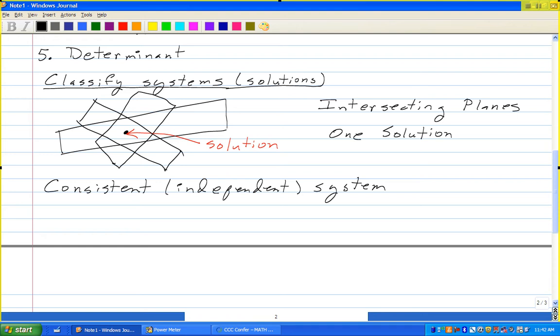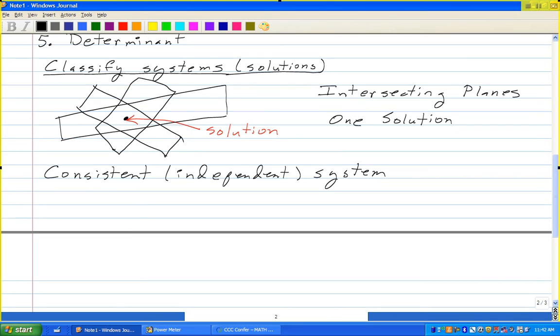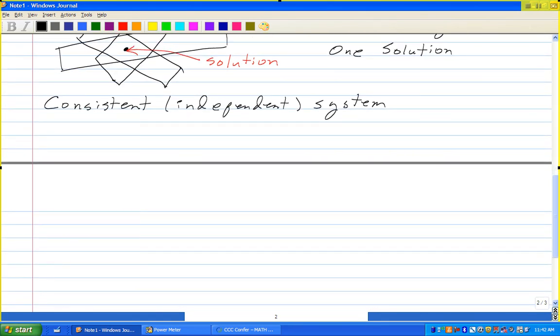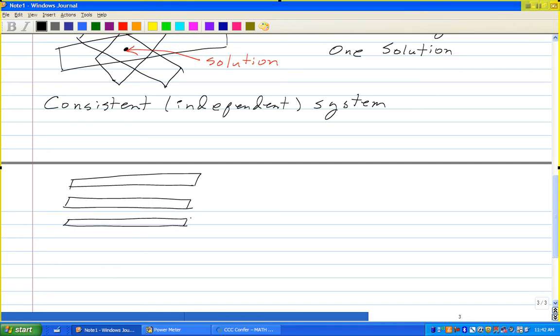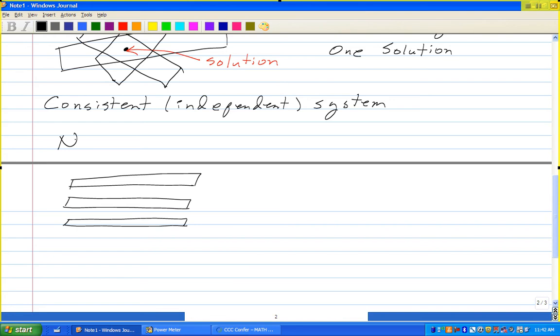Now suppose you have the case where we have no solution, and so suppose I have three planes, and they're each parallel to each other. So maybe I'll label this as the no solution case.